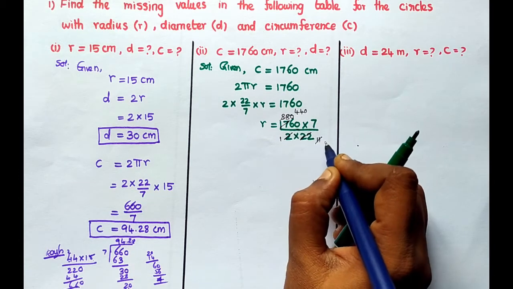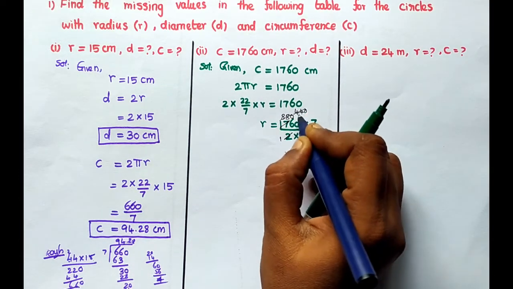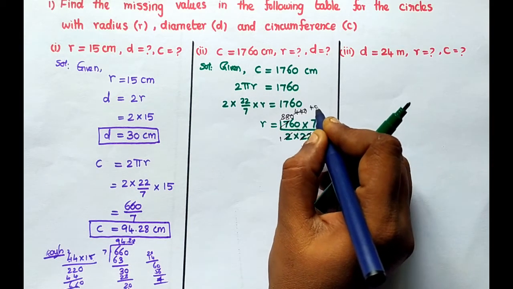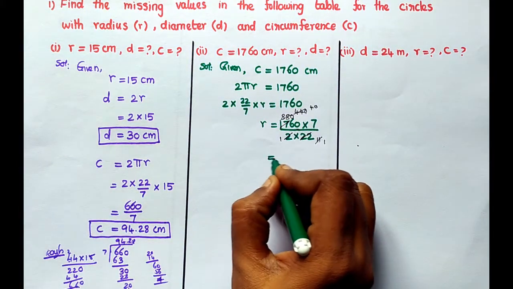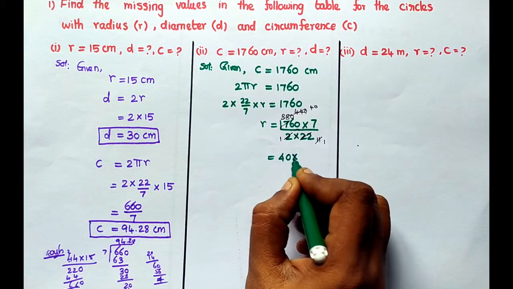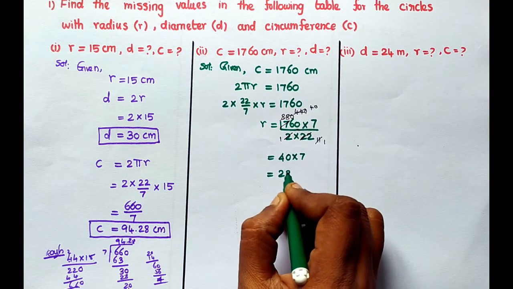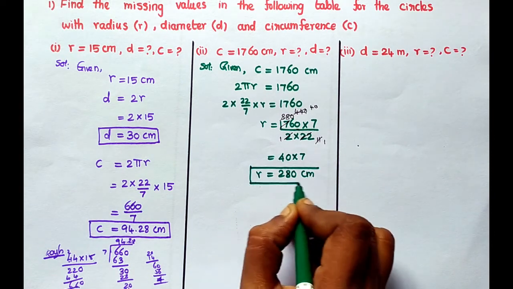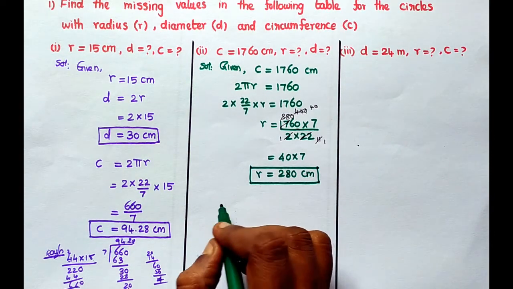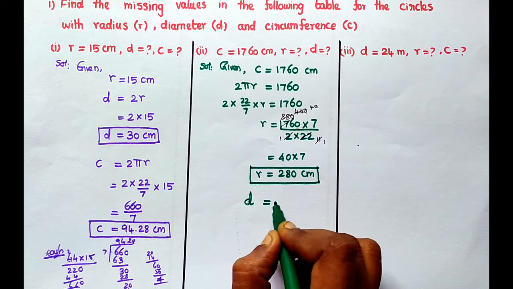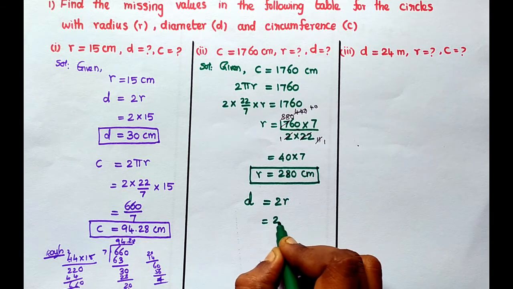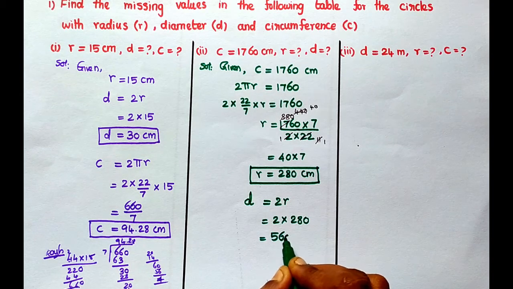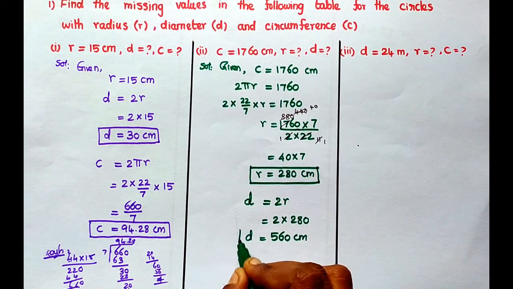Again cancel by the 11th table. 1 11 is 11, 4 11s are 44. Put the 0, means 40. So what's the remaining value? 40 into 7, that is 280 centimeter. That is the radius. Now diameter. D equal to 2r. So 2 into 280, that is equal to 560 centimeter. This is the diameter.